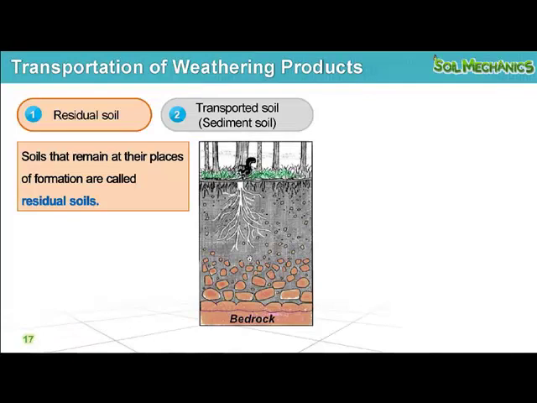So what is residual soil? As you can see in the picture, this is bedrock or parent material. It weathers through interaction with air, mechanical and chemical processes, and acid rain, and becomes small particles that we refer to as soil, staying above the parent material or rock.